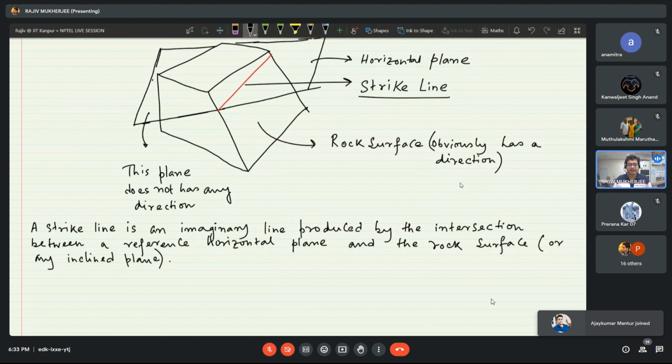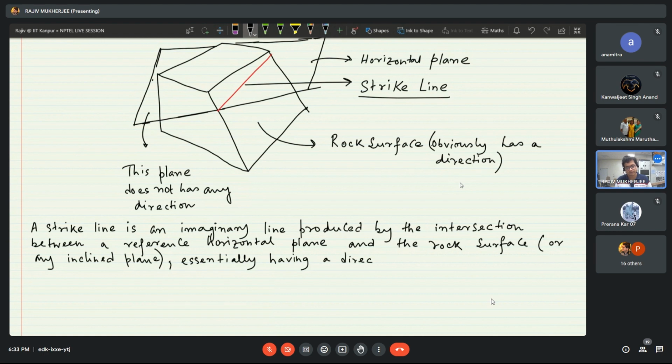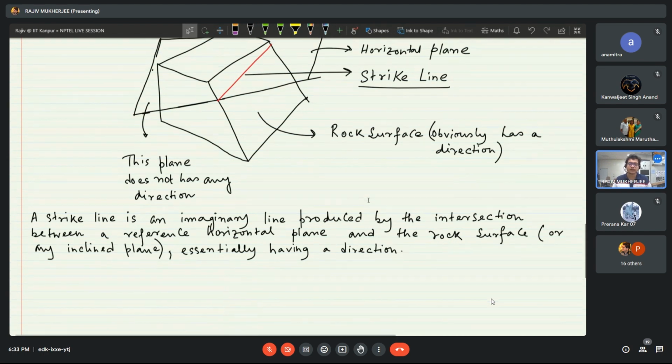So a strike line is an imaginary line produced by the intersection between a reference horizontal plane and the rock surface, essentially having a direction. It essentially has to have a direction.